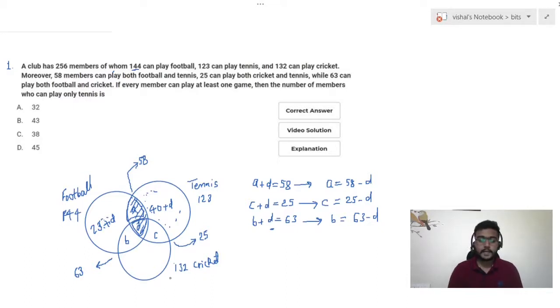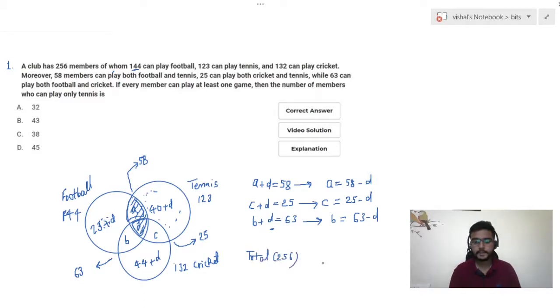And if we calculate the number of players who play only cricket, it is 132 minus B minus D minus C, which comes to 44 plus D. That means whatever question is asked we can now calculate, because we have converted all the values into a single variable. The total number of members is 256.